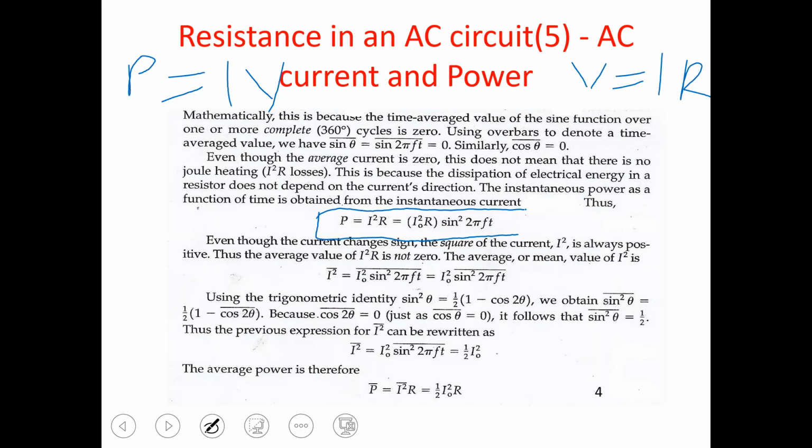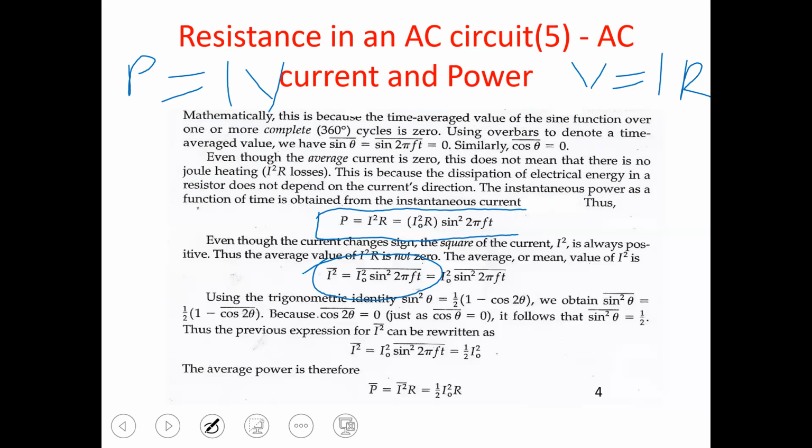When you decide to have the square of current and the square of voltage, and you ask what is the square of the current, you can easily say I squared is I naught squared sine squared 2 pi ft.